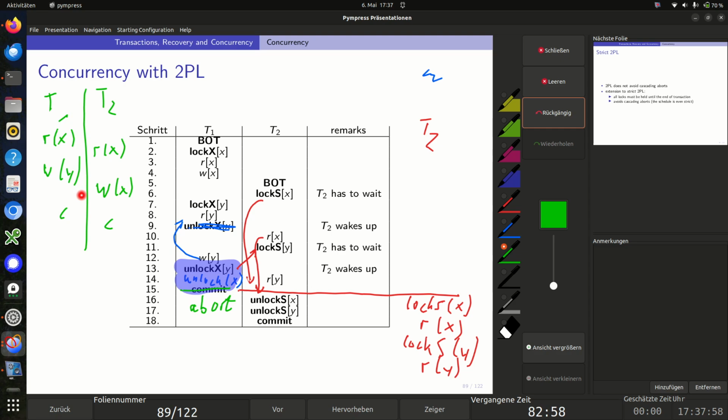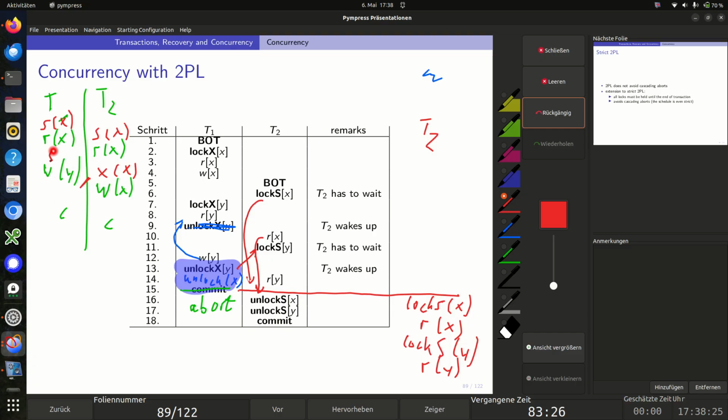Yes. Here, we first have a shared lock on x, then this also acquires a shared lock on x. Then we need here an exclusive lock on x, so we will have to wait until T1 releases its shared lock.